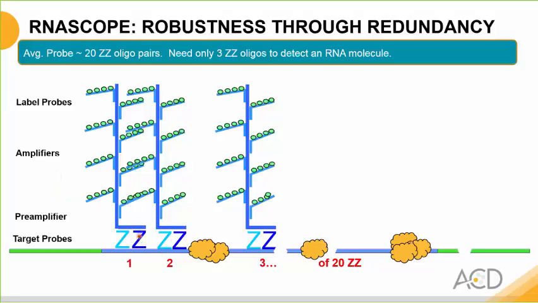So really, what's required is only hybridization of about 3 of a total of 20 double Z pairs to generate a signal. This redundancy allows for the detection of fragmented targets in the context of FFPE tissues, which can have breaks in the RNA, as well as bound proteins indicated here.